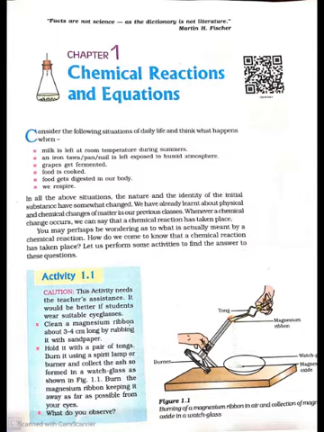Equation 1.30. Some other examples of redox reactions are ZnO + C gives Zn + CO, 1.31. MnO2 + 4HCl gives MnCl2 + 2H2O + Cl2, equation 1.32.